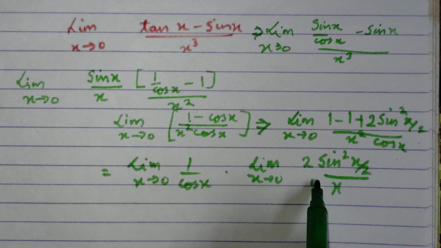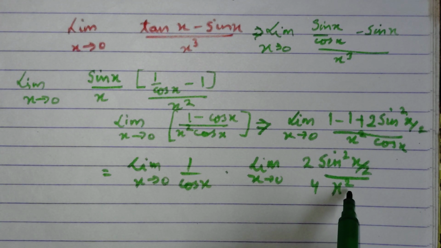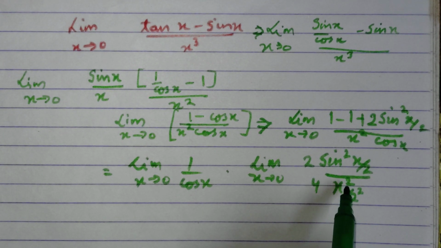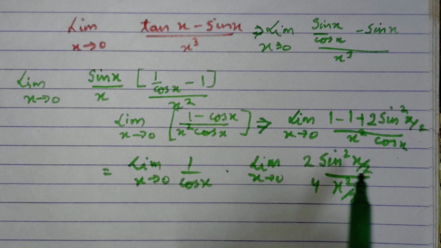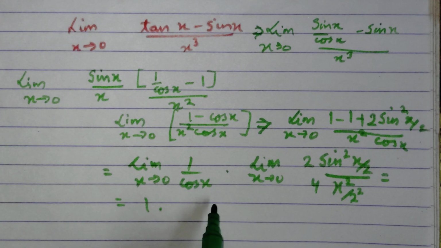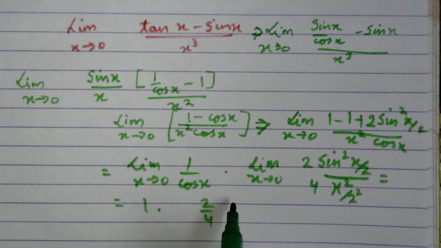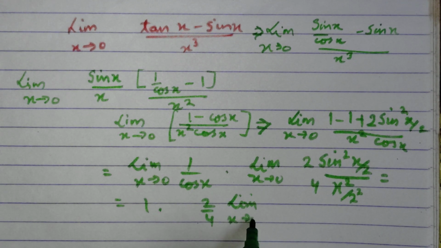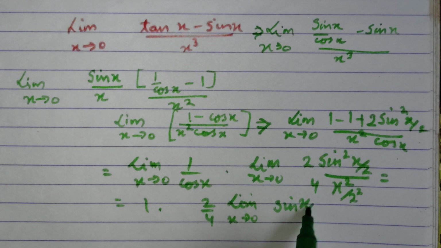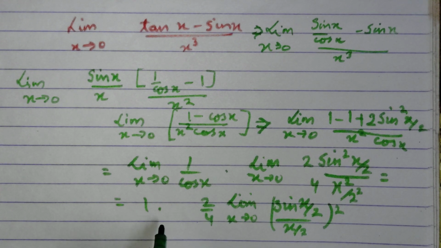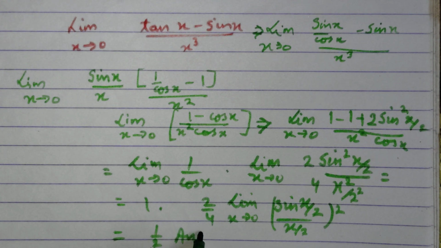So this can be written as 4 multiplied in the numerator and 4 multiplied in the denominator. The denominator multiplied by 4 is written as 2 square, so it becomes (x by 2) whole square. So this gives us 1 and this gives us 2 by 4, because limit x tends to 0 of (sin x by 2 upon x by 2) whole square, its value is 1. So 2 by 4, which means 1 by 2, is the final answer of this question.